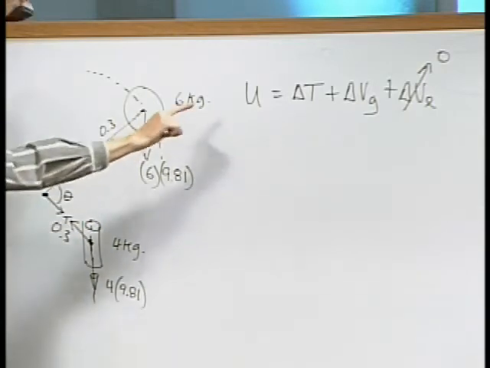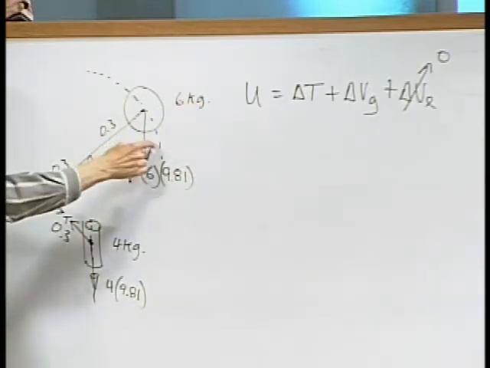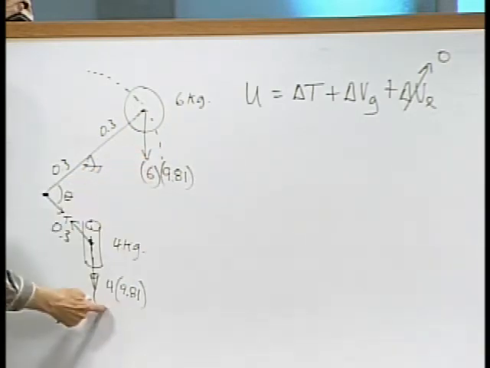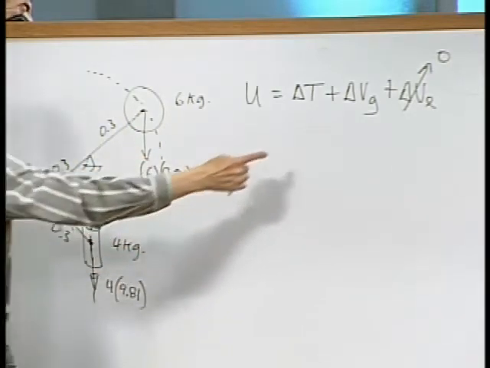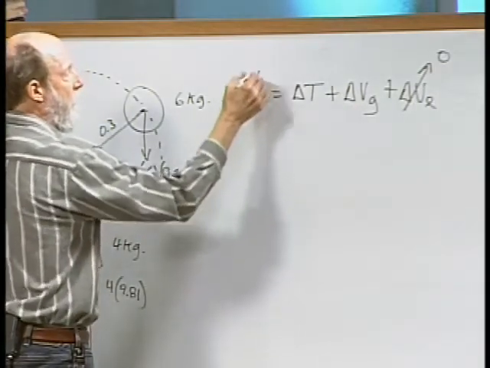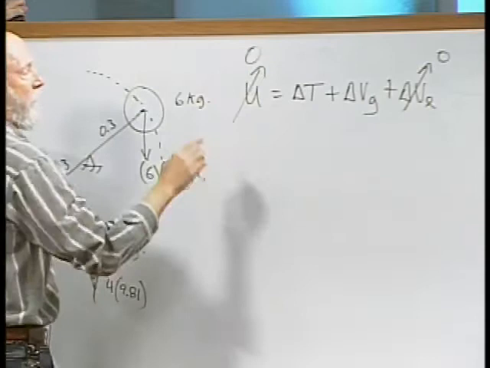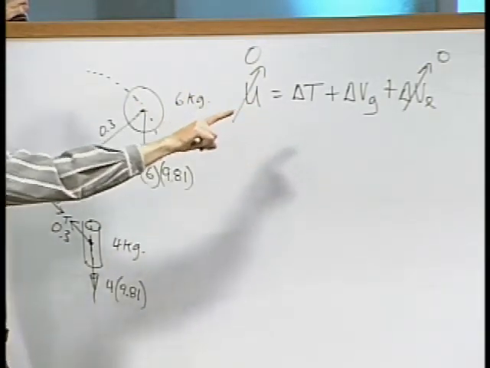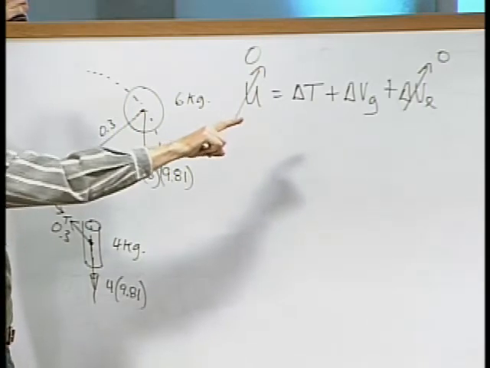So now, just using our governing equation and the fact that we only have the gravitational weight terms here giving rise to a change in gravitational potential, then there's no other forces doing work. So when this U is equal to 0, we call that what? When U equals 0?